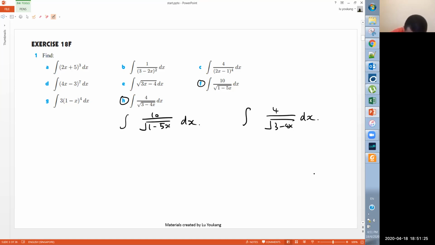Negative 4, negative 2, 3 minus 4x plus c.